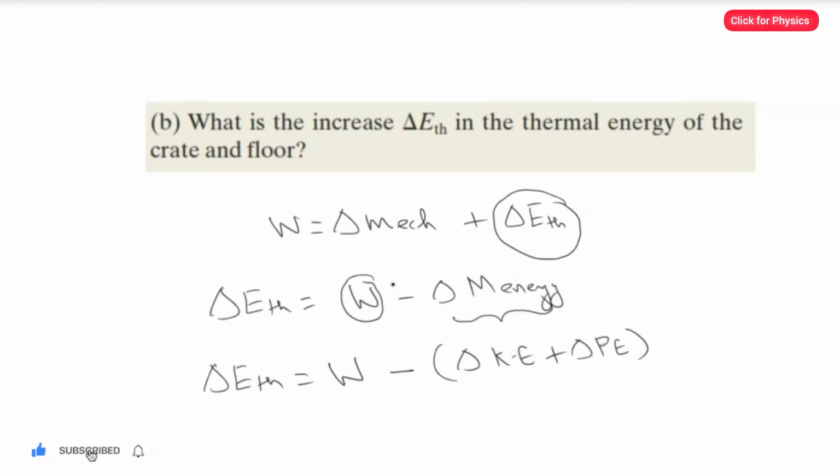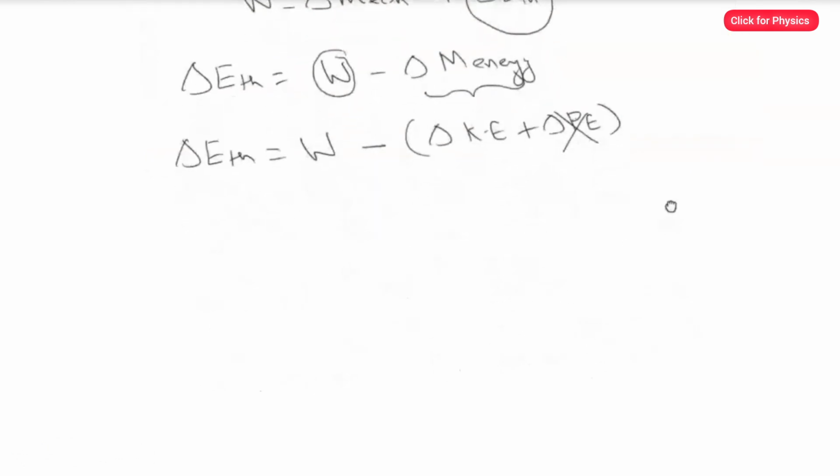Likewise here, final potential energy minus initial potential energy. So now we have to substitute the values. The most important thing here is that the wood crate system is on the horizontal floor, so there is no change in potential energy, so this part will be 0. So only we have work done and the change in kinetic energy.